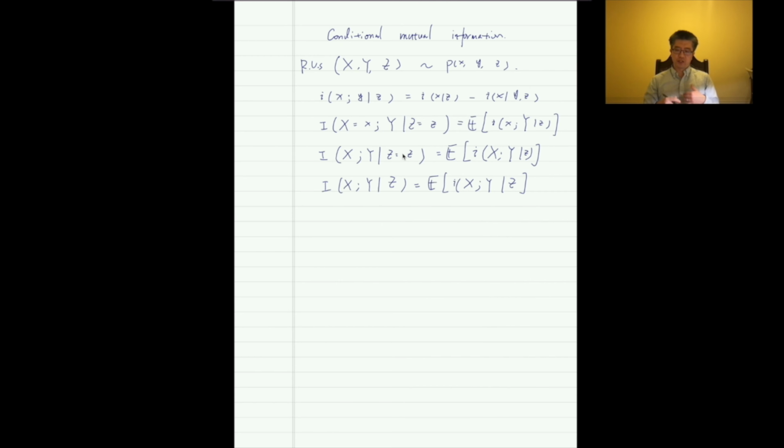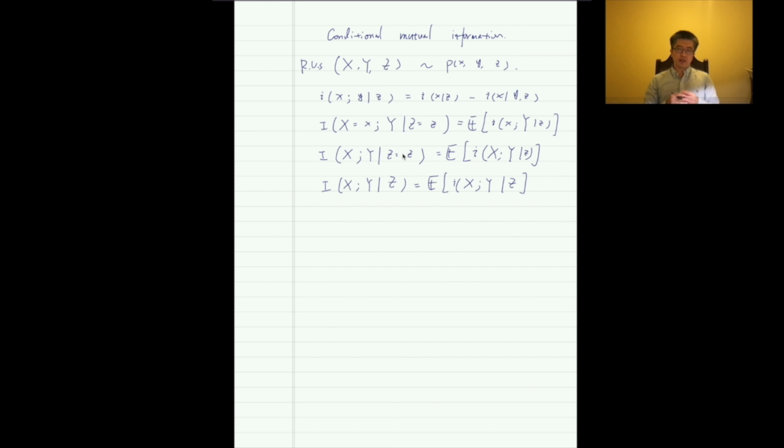They're related, so check this very carefully. In our next class, we're going to continue talking about this and some other relevant measures of information.